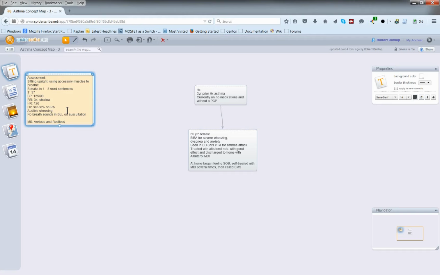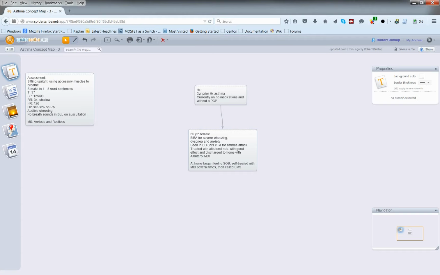Her heart rate is also very elevated, 126 beats per minute, and her O2 sat is a little low at 88% on room air. You hear audible wheezing, and as a result of your auscultation, you find that she has no breath sounds bilaterally in her lower lobes. In her mental status, she's anxious and restless. We're going to talk a little bit more about that in a moment.